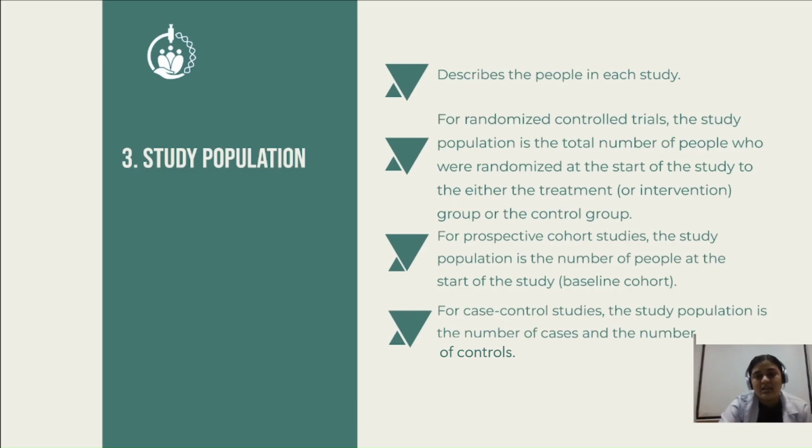Randomized means that you're selecting at random, and you're not intentionally selecting one patient over the other. It's just randomized, it's by luck, and you select patients. And you would be finding whatever group has the treatment or intervention group, and the control group that receives the placebo. For prospective studies, it's a bit different because obviously the prospective studies are not trials.